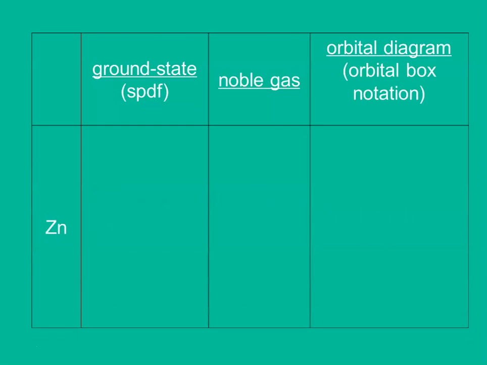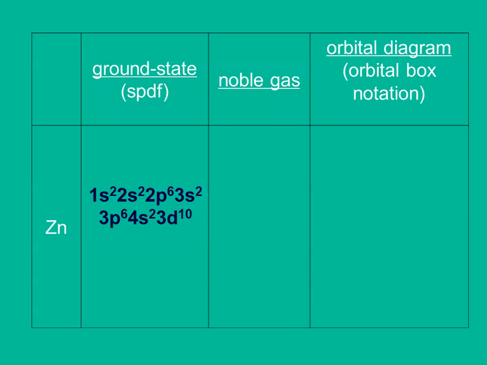Our next example is zinc. Zinc, I believe, has 30 electrons, so its ground state configuration is going to look a lot like the one we just did. But because it has another 12 electrons past argon, we would move into our 4th row on the table and put 2 of those remaining electrons in 4s.